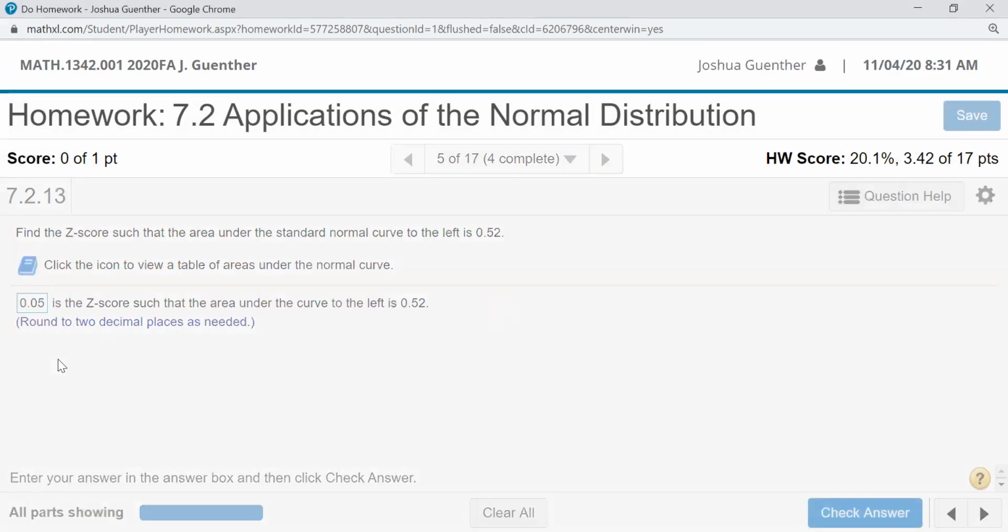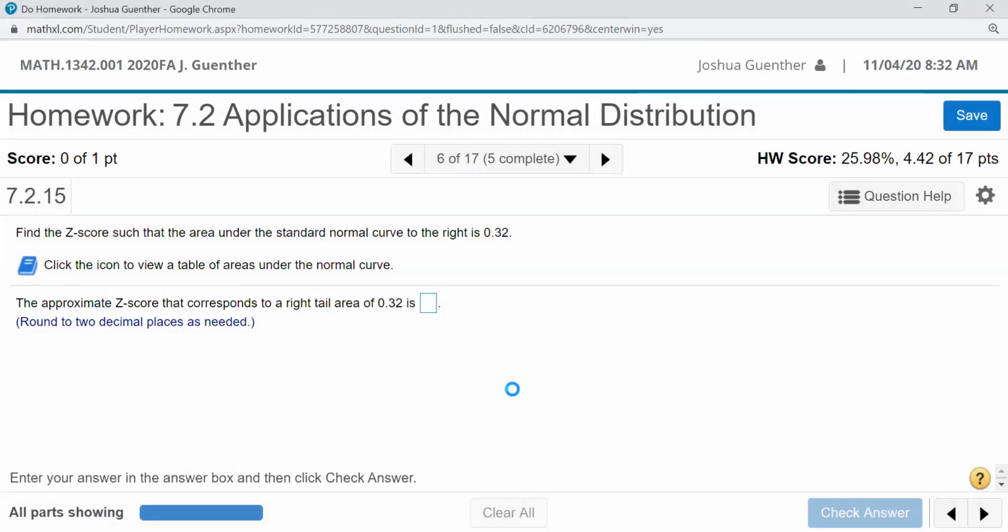And thus, that's our answer here. So you can look up a z-score and go find a probability, which is the direct, straightforward way. Or you can look up a probability and backtrack to find the z-score that corresponds to that probability.